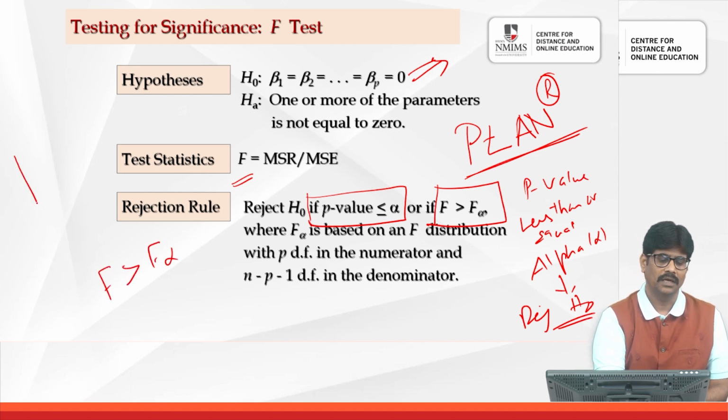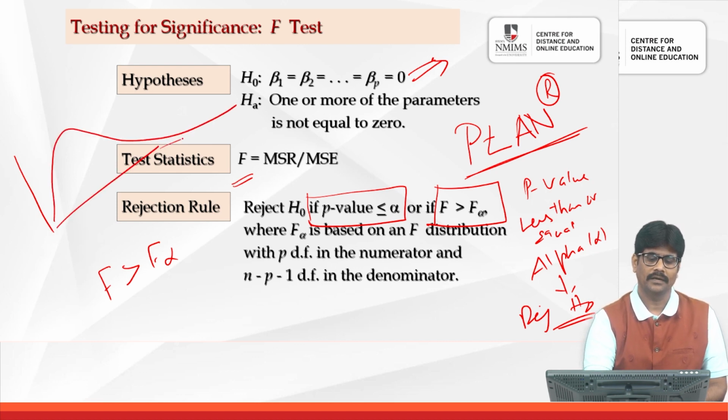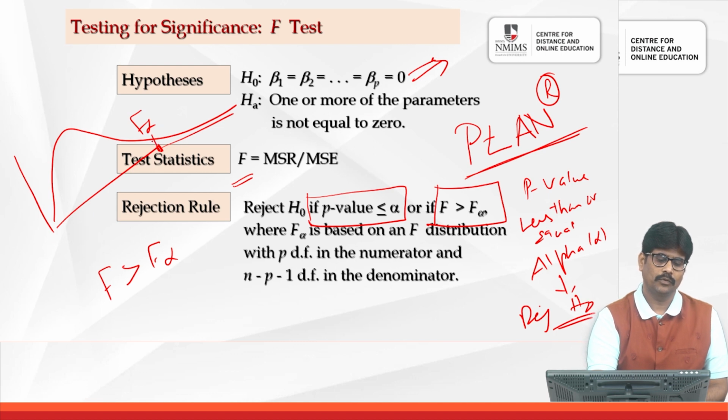If you remember the F distribution, it goes something like this. Let us say this is your F alpha. Towards the left is the acceptance region, or do not reject region, and whatever is towards the right side of F alpha is called the rejection region.